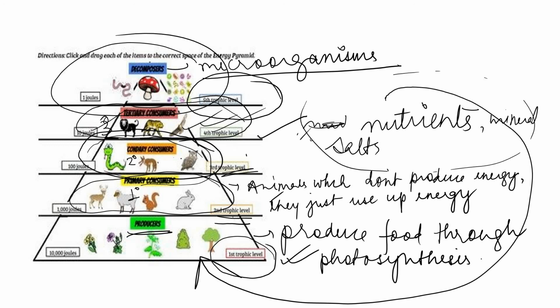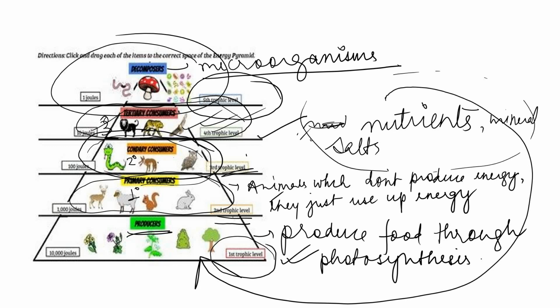And then there will be owls also, they feed on certain small primary consumers, and other animals will be there. And then these animals will be eaten up by whom? By the tertiary consumer, the big carnivores. Then eventually no one will eat up these big carnivores, okay? It's not there that someone will eat them up until and unless we humans hunt, but we don't come in this food chain, we don't write it in this way.